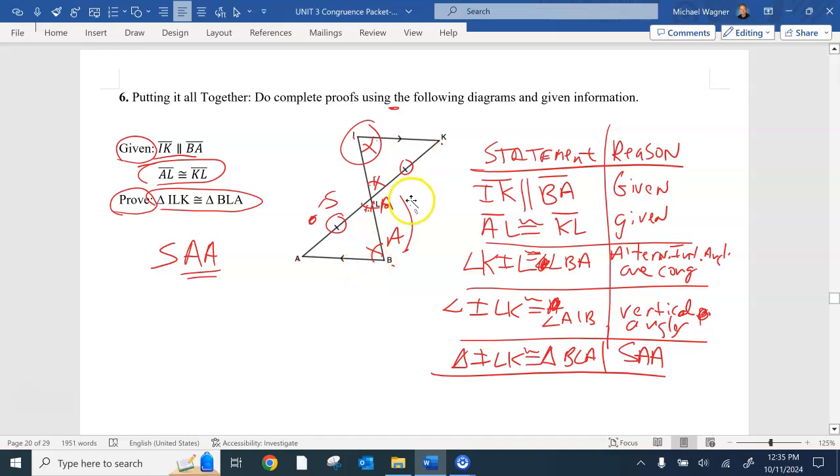So once you go through and review your reasons list, you'll start to see, hey, when we had parallel lines and a transversal, there's alternate interior, alternate exterior, corresponding, et cetera. That's what you need to do to go through it. And if you do it enough and practice enough, it'll come automatically in your head, because that means you'll have internalized the knowledge and the geometric principles you need to make proofs.